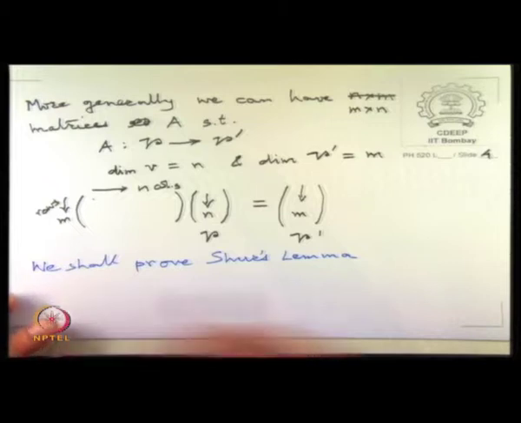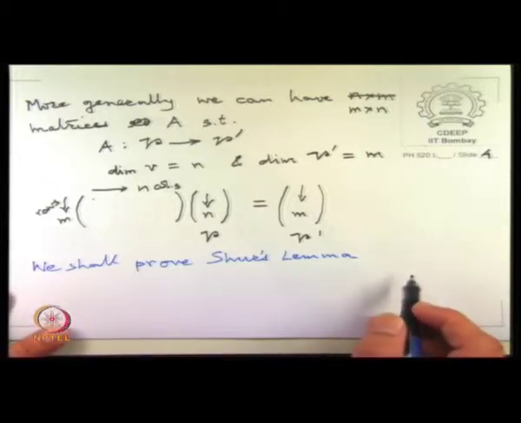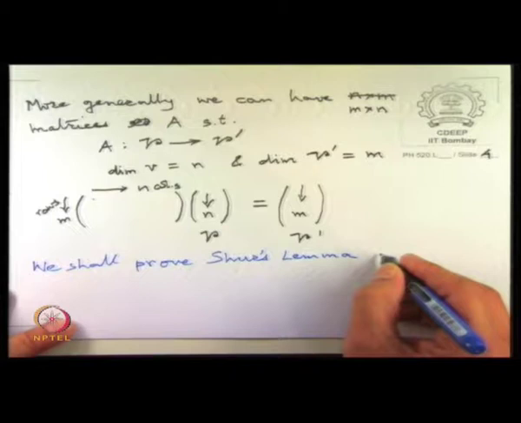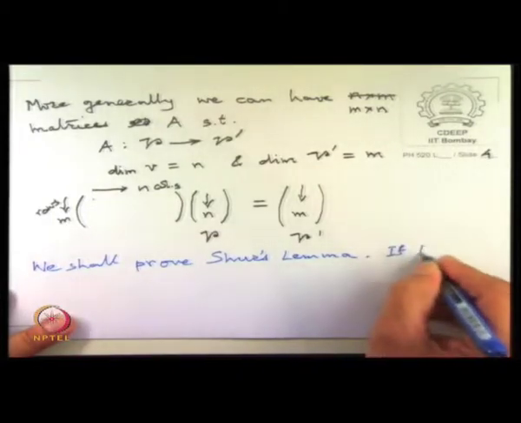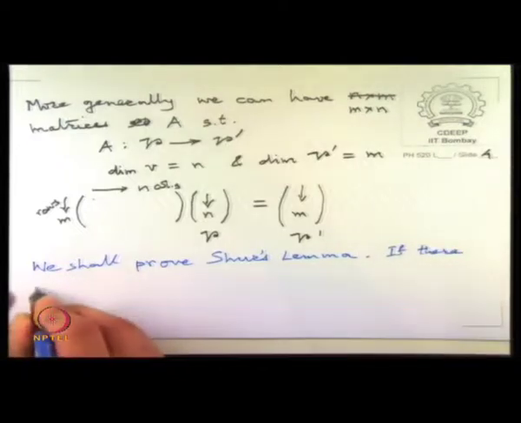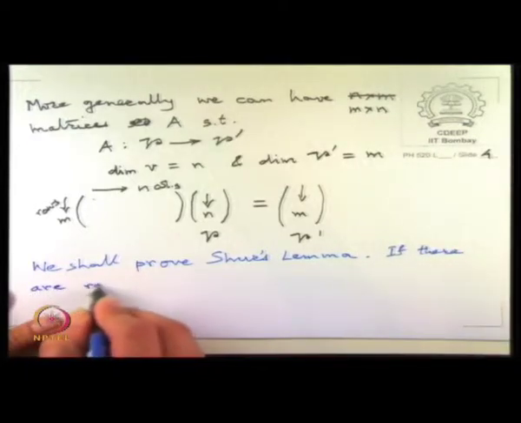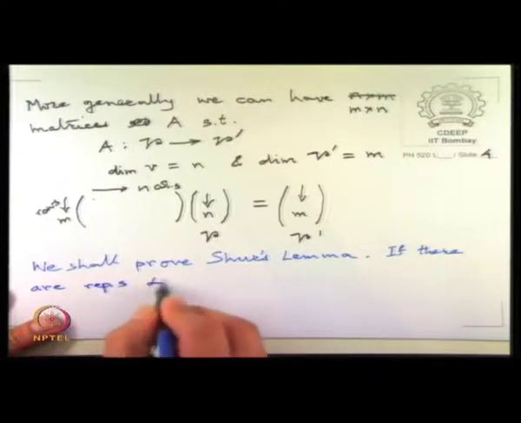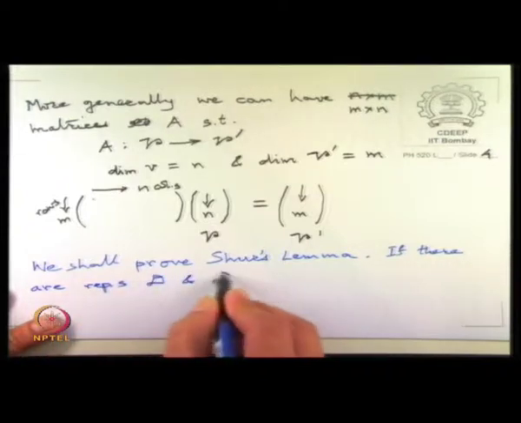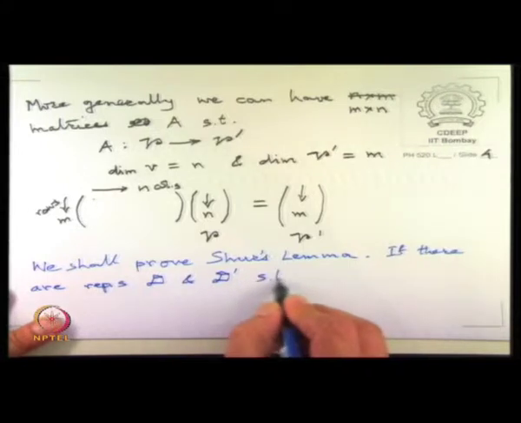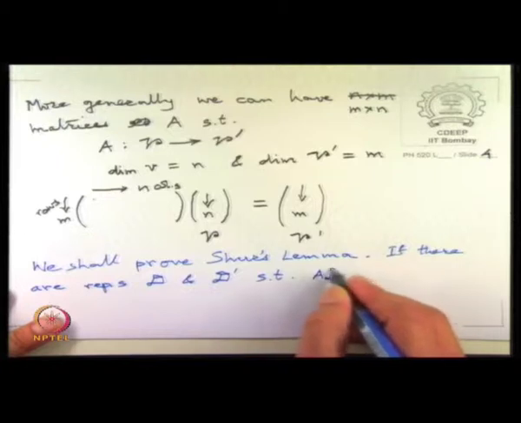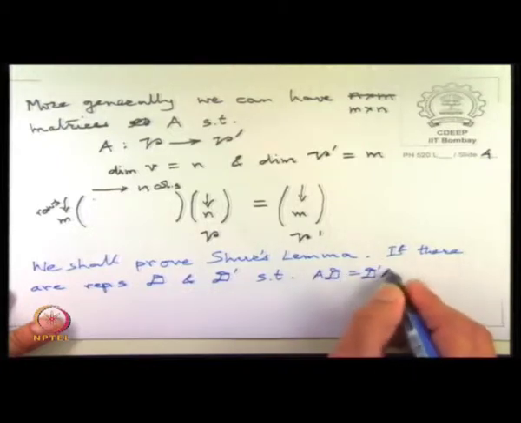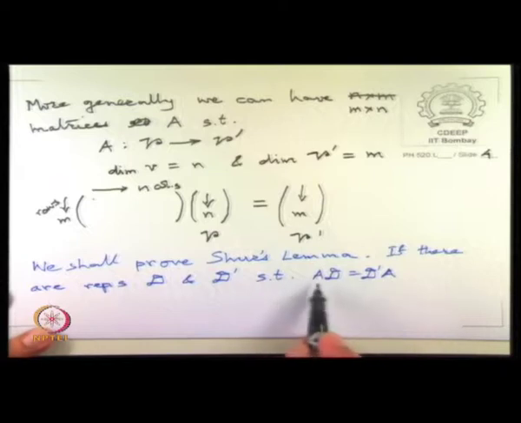So we shall prove Schur's lemma, which basically says that if there are representations D and D prime such that A times D is equal to D prime times A, such that the size of A matches the required m by n thing.